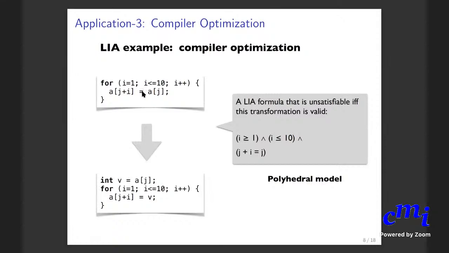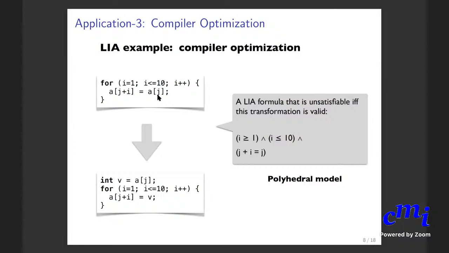For big arrays, even the select operation can be quite expensive, so you want to optimize the number of selections into arrays. Here you will be doing as many accesses as the size of the array. But if the right-hand side, A of j, does not change, you see j is never modified in this loop.